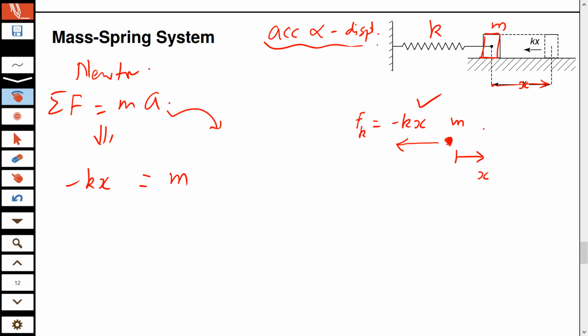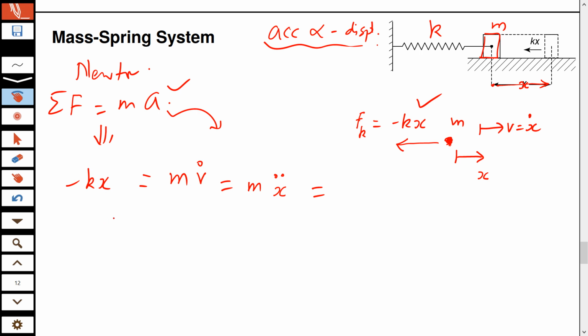Remember इसकी velocity क्या हो जाएगी? v is equal to x dot, yeah. So acceleration क्या हो जाएगा? v dot, and that is m times x double dot. ठीक है, और आप चाहें तो आप इसको ऐसे भी लिख सकते हैं, m times a भी लिख सकते हैं.